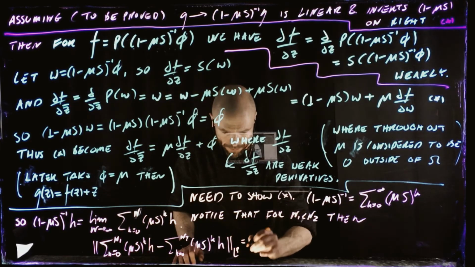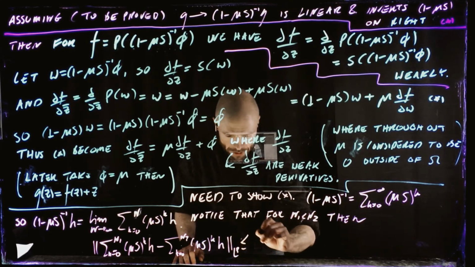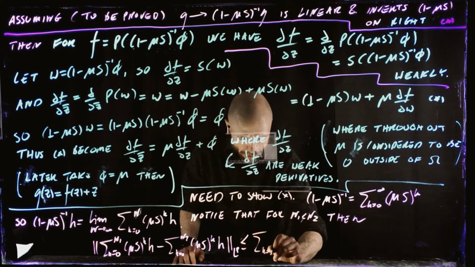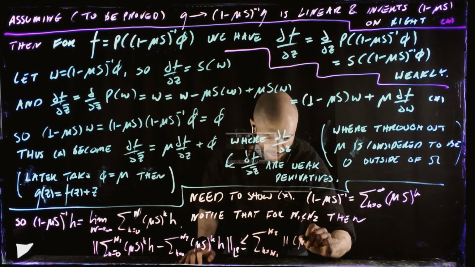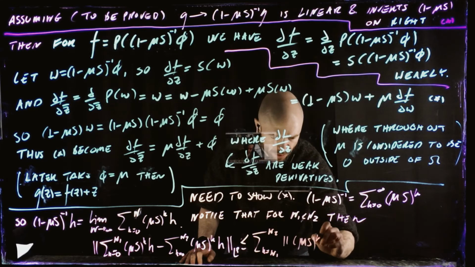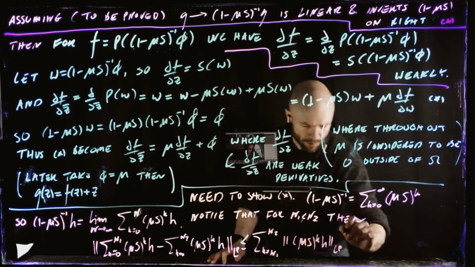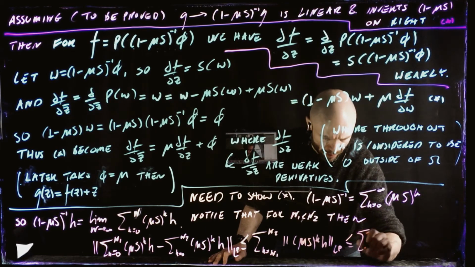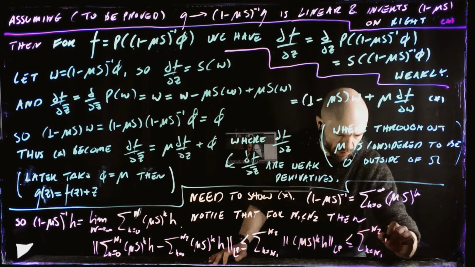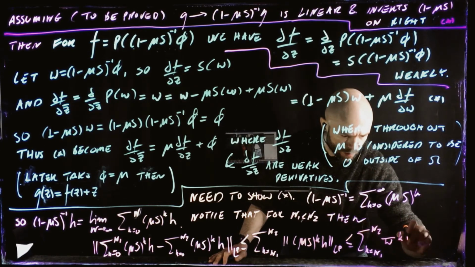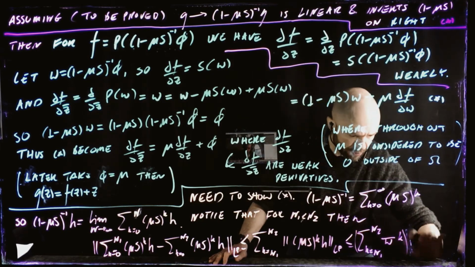This is less than or equal to the sum from k equals n1 to n2 of the LP norm of mu S to the k times h, and this is stuff that we've already seen, bounded by the sum from k equals n1 to n2 of omega to the k, and let's factor out the LP norm of h.